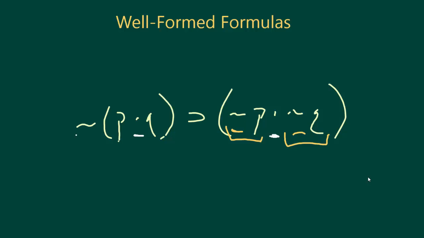Now this isn't within parentheses, but it's a unary connector, and so we need to treat it and the proposition that it is connected to, in this case the compound sentence P and Q, as a unit.